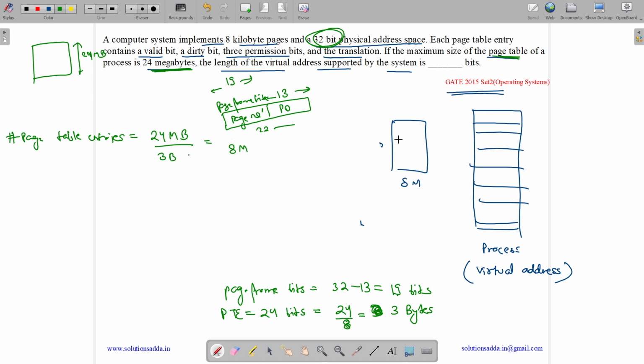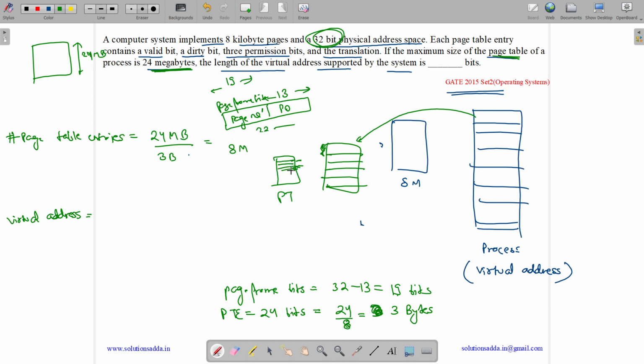Now see, here we have divided the process into pages; this is secondary memory, this is main memory. Pages will come into the frames, and we have a page table. For each page we have an entry in the page table. Now, what is the total virtual address size supported?